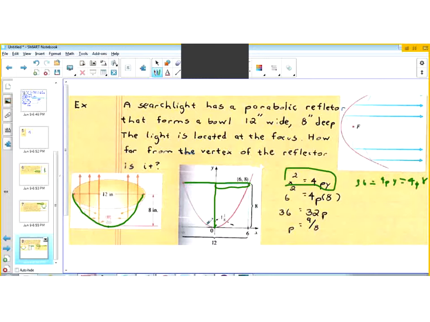So that's how far the light source is from the vertex of the reflector. That's actually where the focus is. The focus is at (0, p) in this case. So that's how you would design searchlights, and where to place lights in searchlights, depending on the parabolic shape.